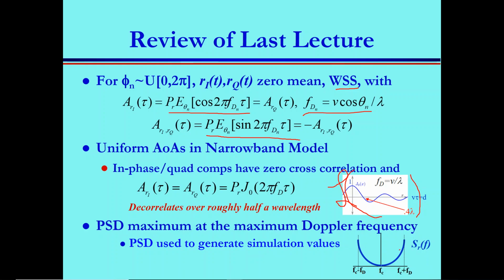So the maximum Doppler spreading happens at fd, which is the maximum Doppler spread. And we usually use this in our system simulations to get values and to use them in our simulator so that we can find the performance of our system in terms of bit error rate and throughput.